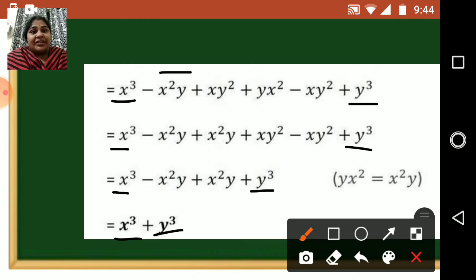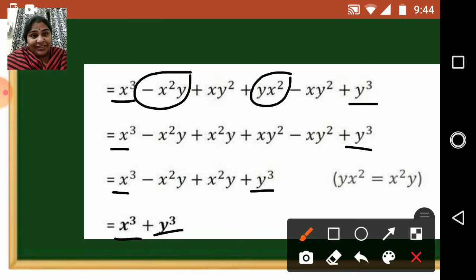Now let us begin here, x square y. So again here you can see it is x square y. yx square is the same, children, because x and y are the variables. Powers of x and y are the same, that is x square and y. So these are like terms. So positive x square y and negative x square y get cancelled.